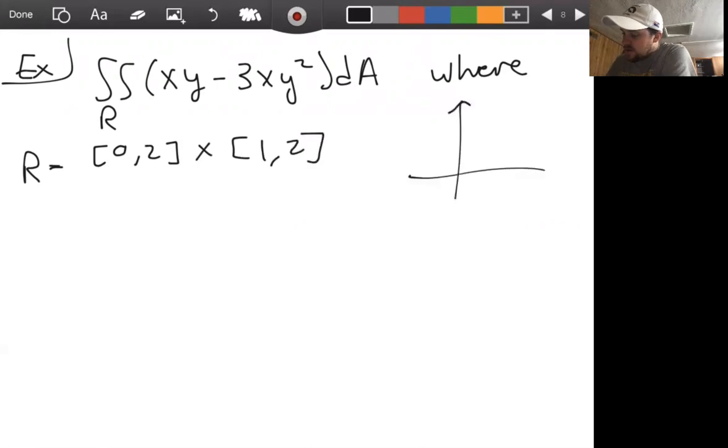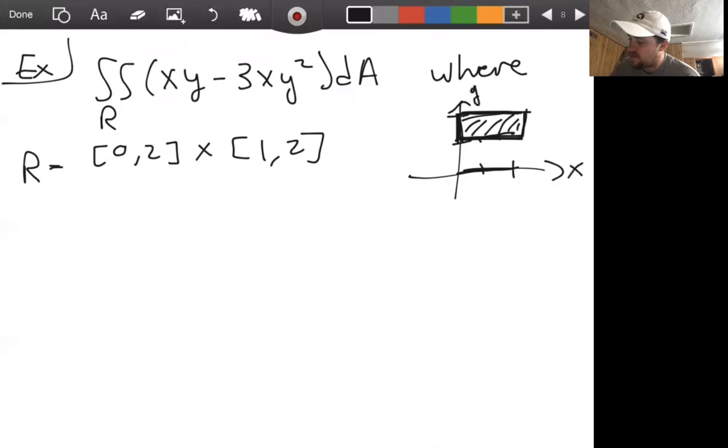So, just to get an idea here, this would be 0, 2, and then cross 1, 2. So this would be this rectangle up here, right? Because x can vary from 0 to 2, but y can only vary from 1 to 2. And so we get this rectangle that's lifted 1 unit off the x-axis.